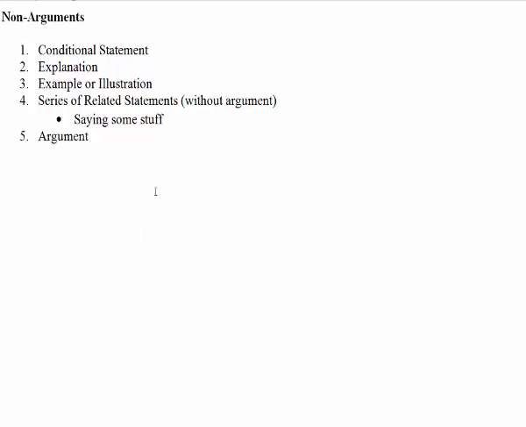And those are all special things, special motivations a person would have for saying things. And otherwise, they're just making a number of related statements, either telling a story or giving you some advice or describing something in detail to you. Any of those kind of motivations we could just put under the category of having a series of related statements.